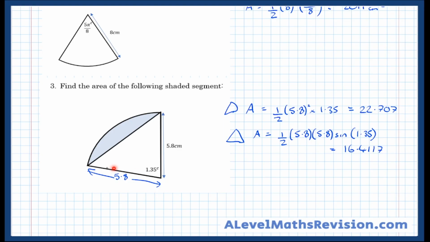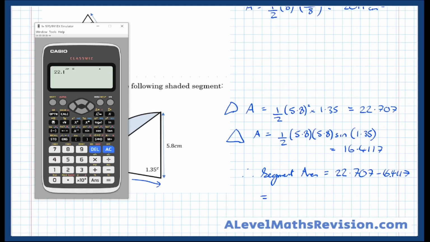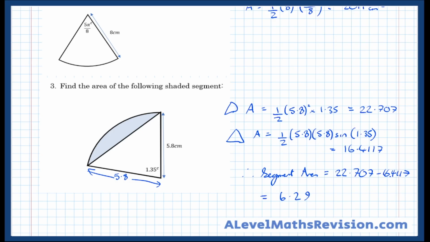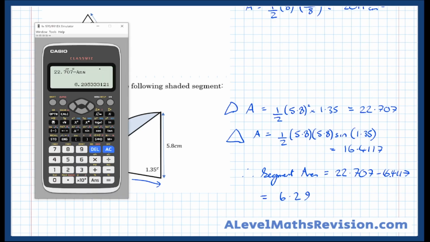So 22.707 is the full sector, 16.4117 is the triangle, therefore the segment area equals the difference between those, which is equal to, so 22.707 minus 16.4117 equals 6.295.